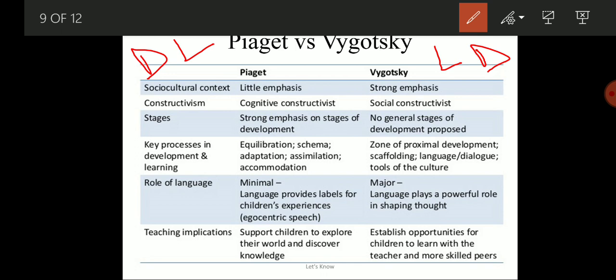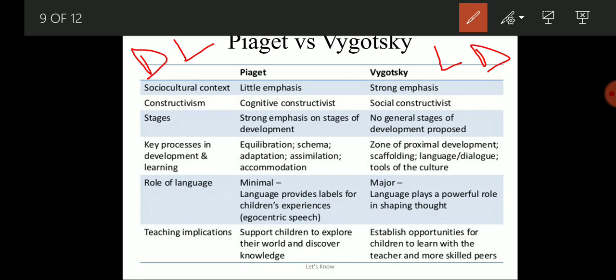Okay, first of all, let's understand what is schema. Schema is a pocket of knowledge, a pocket of information, you can say. What is adaptation and what is assimilation? First of all, let's understand assimilation. Assimilation is that particular stage when we gather a schema or information. Okay, we collect any schema. Then what is accommodation?